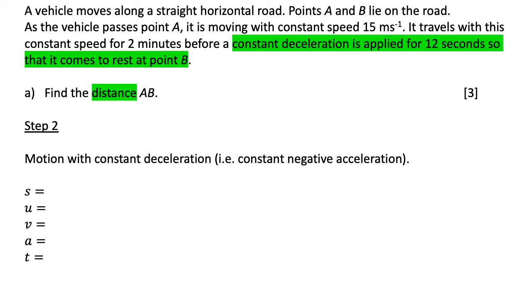I would write the letters SUVAT in a column going downwards, all lowercase, and then I'd look through the question. It should be that 3 of these quantities are specified in the question. One of them is the one I'm being asked to calculate, and one of them is irrelevant. I'm not told it and I'm not asked for it.